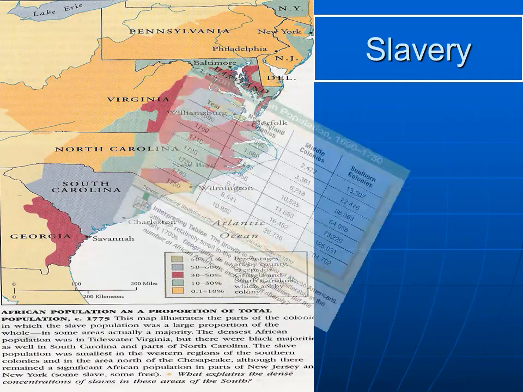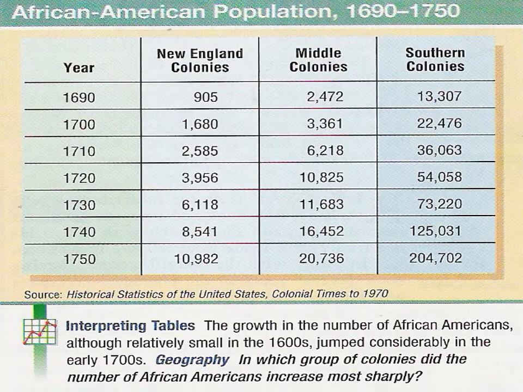And this is also showing you the numbers breakdown from 1690 to 1750. Just looking at the increase of the population, what impact would this have on colonial society?